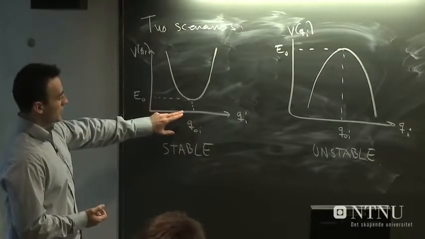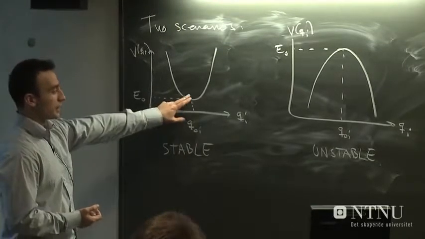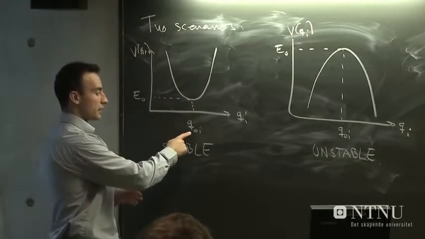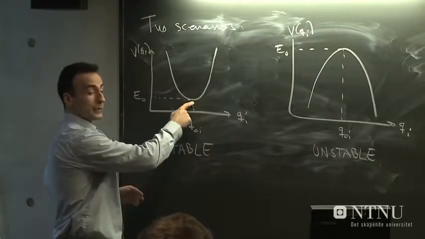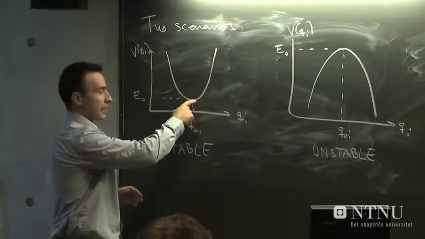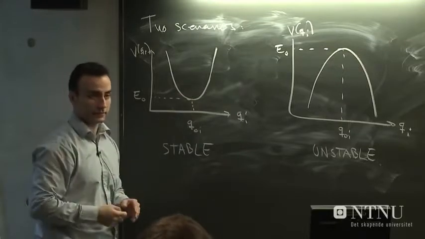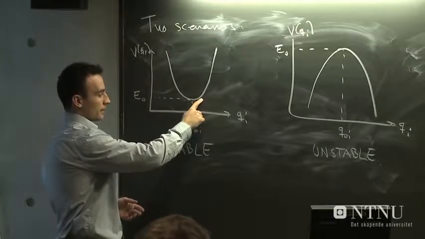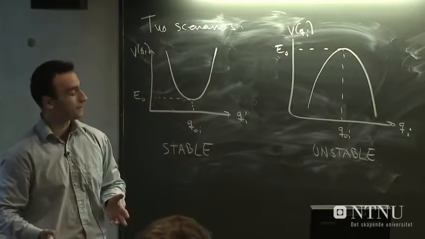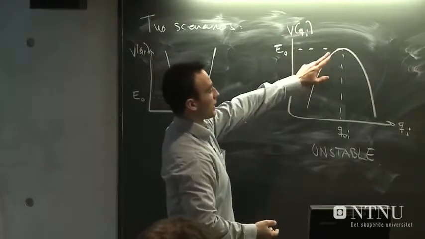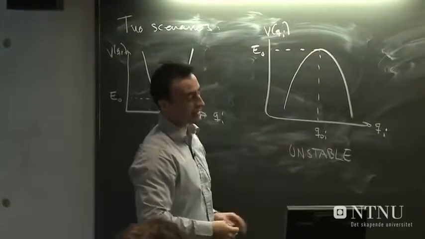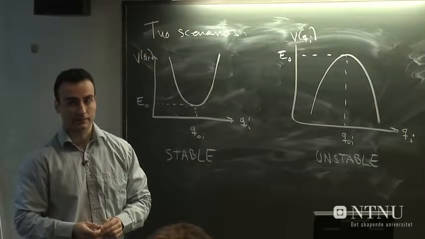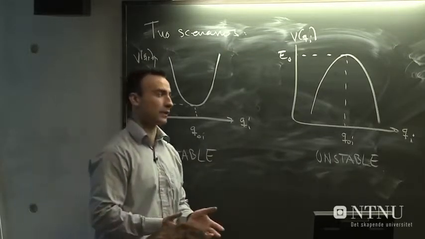If we are positioned in this equilibrium configuration and we perturb the system slightly, so we change the value of qi from this equilibrium value to some slightly perturbed value, we see that the potential energy goes up, which means we're no longer in the ground state. On the other hand, if we do the same thing here, we see that the energy is lowered, right? So this means that we have an unstable equilibrium.